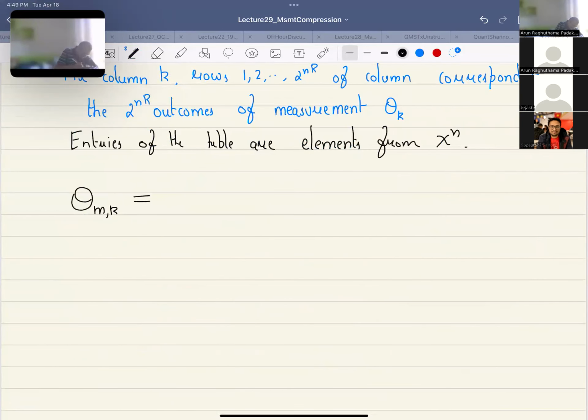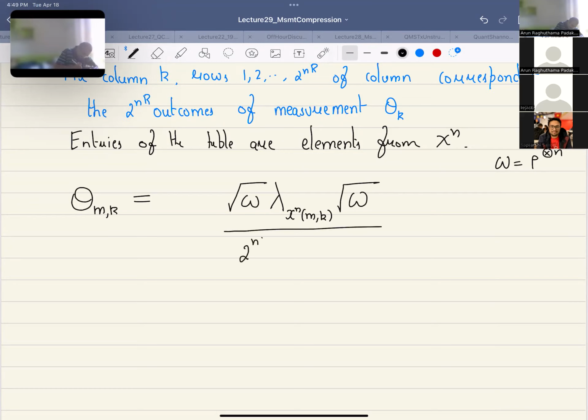Theta mk is root omega, recall omega is rho tensor n, lambda xn of m comma k, I'll explain every term here, root omega, divided by 2 power nr trace omega lambda xn of m comma k. So I'll explain each term.